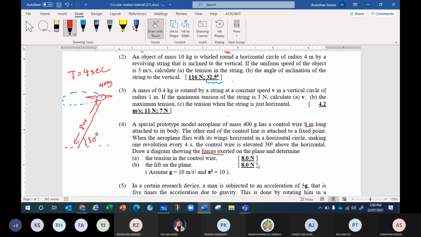There are 3 forces actually acting on the plane. Try to identify the 3 forces. What are the 3 forces acting on the plane?